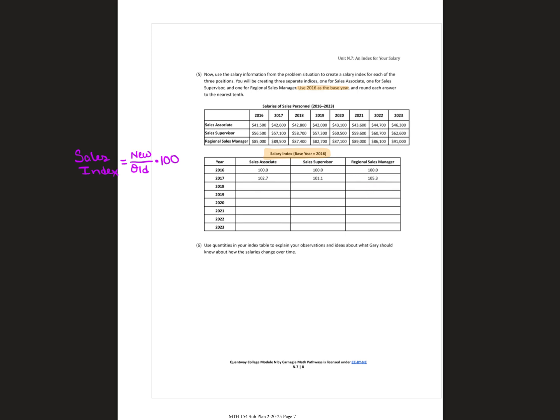For example, for 2018 sales associate, we'll go under sales associate, take the value $42,800 and divide by the base year, 2016, which is $41,500.